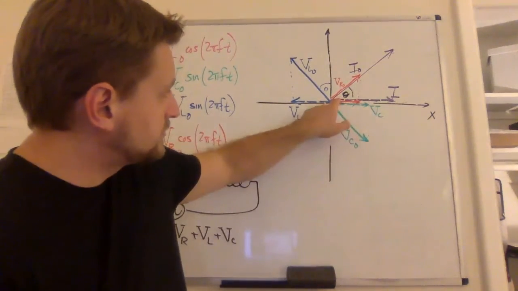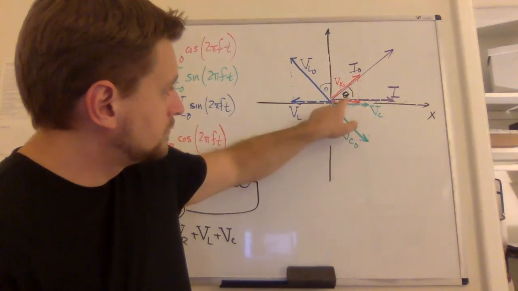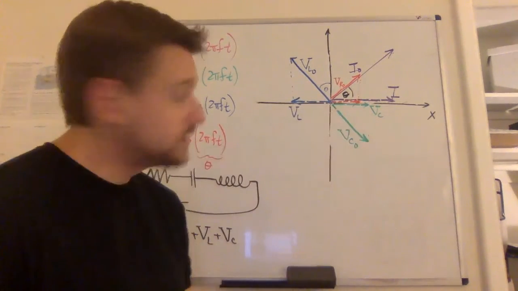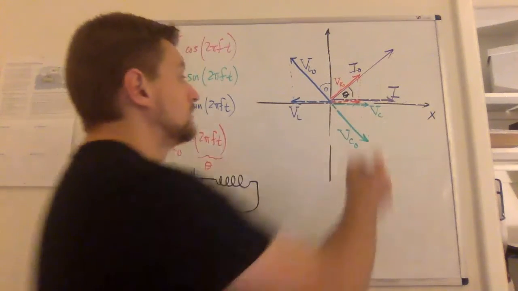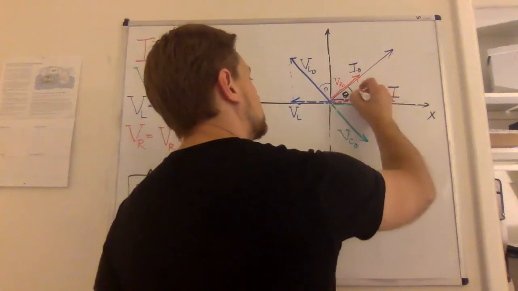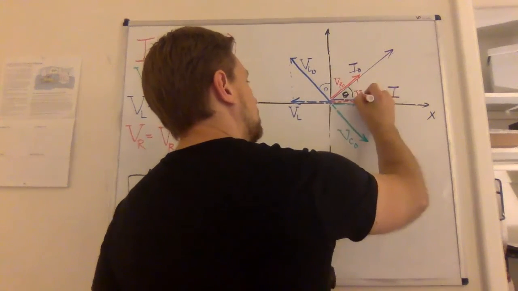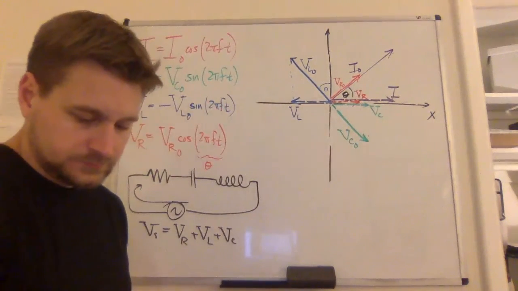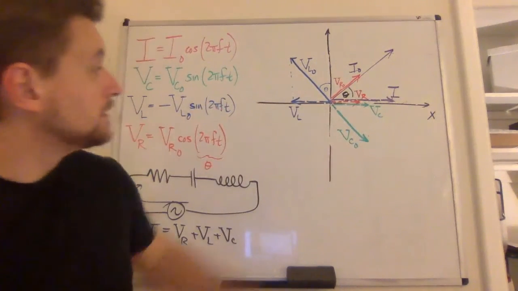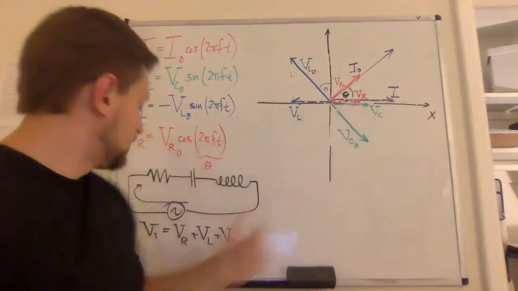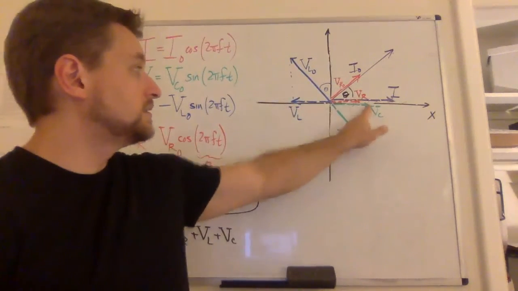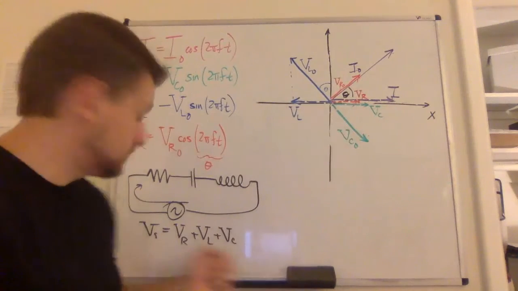So this red vector here, the x component, we said that was V sub R. So that's one of them, VR. Here's VL. Here's VC. Add them up.